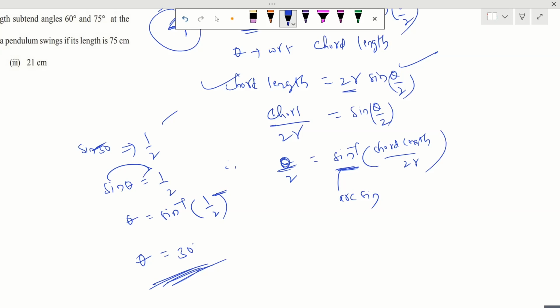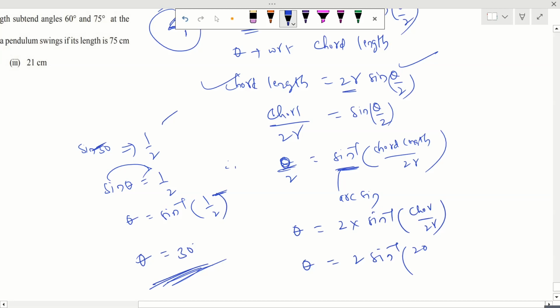Now if we put theta is equal to 2 into sine inverse of chord length divided by 2r. Chord length is given as 20 centimeter, and 2r is 20 centimeter. So 20, 20 will get cancelled: 2 into sine inverse of 1 by 2.